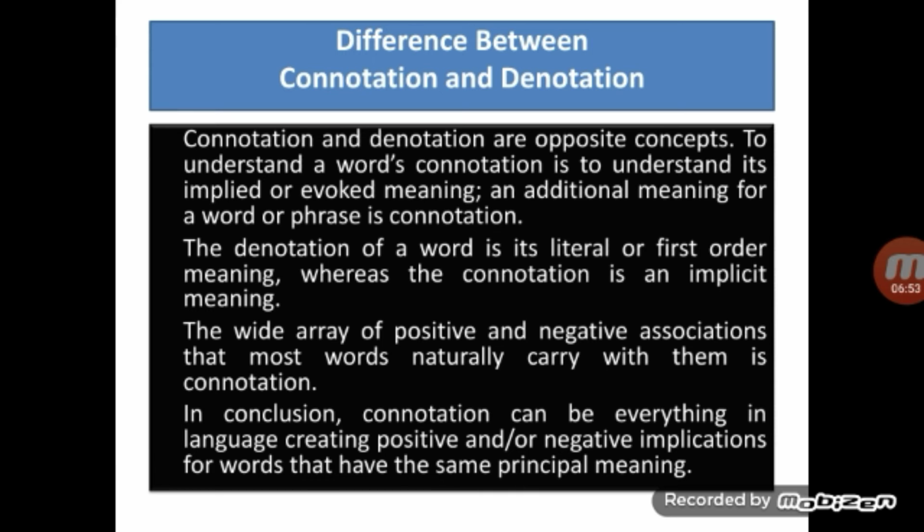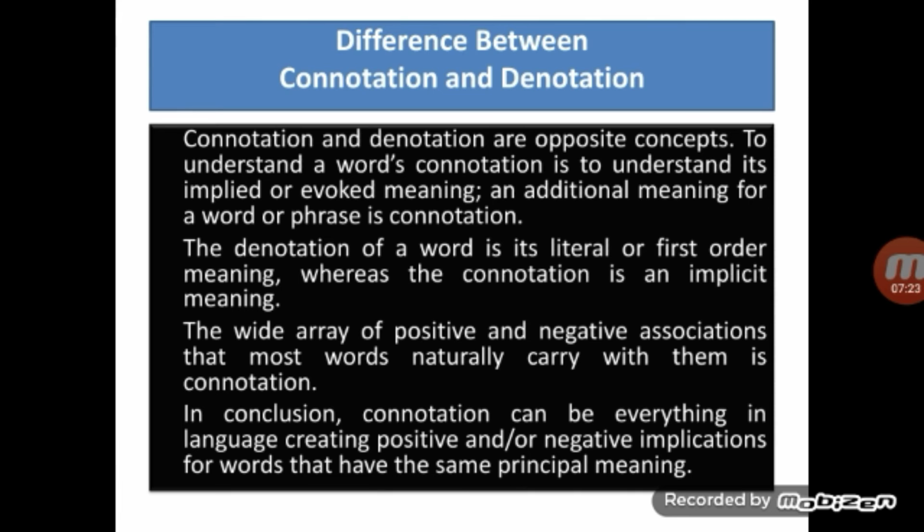To understand a word's connotation is to understand its implied or evoked meaning, an additional meaning for a word or phrase. The denotation of a word is its literal or first order meaning, dictionary meaning, surface meaning, whereas connotation is implicit meaning or latent meaning. Surface meaning relates to denotation, deep meaning relates to connotation.